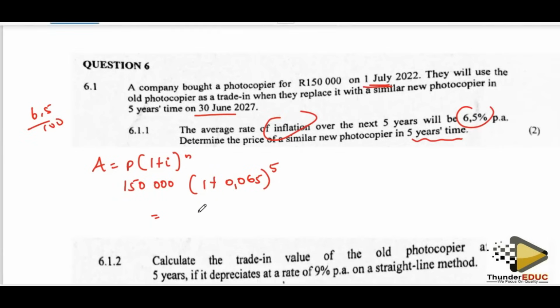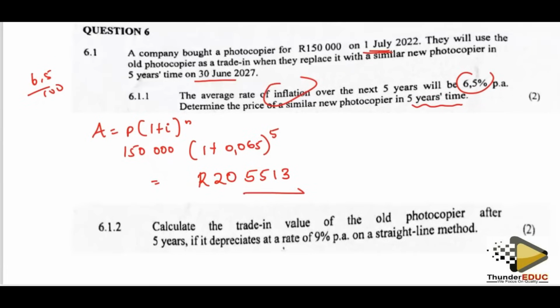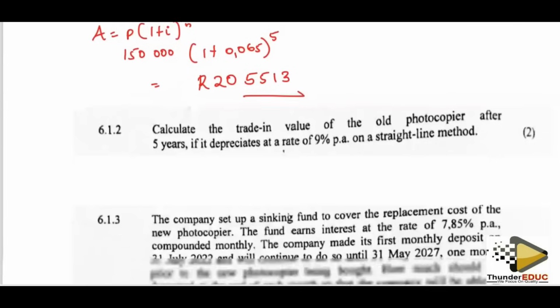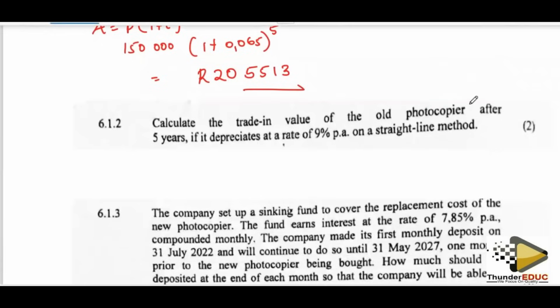And I'm having 205,539.2999, which I'm going to round up to 205,539. So that is how much the machine will cost in 5 years' time.